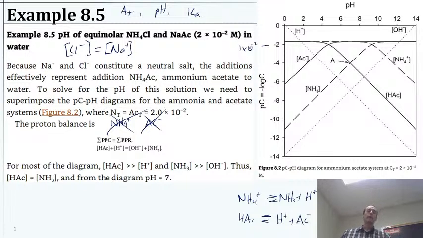And then we could take a look at different areas of the diagram and make some kind of shortcuts for this proton balance. Okay, so for most of the diagram, let's just take a look at the left side of the proton balance for a moment. We'll recognize that the HAc should be a lot larger than the H plus.